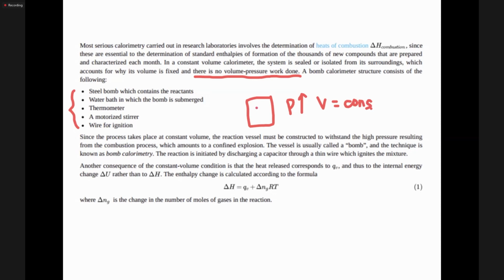So inside this container, an explosion can take place if we do not use a material that can withstand very high pressure. Now the reaction vessel is actually called a bomb, and so the technique is called bomb calorimetry. The reaction is initiated by discharging a capacitor through a very thin wire which ignites the mixture.